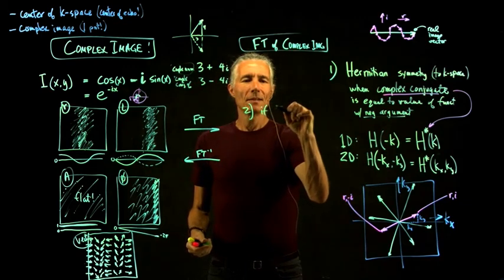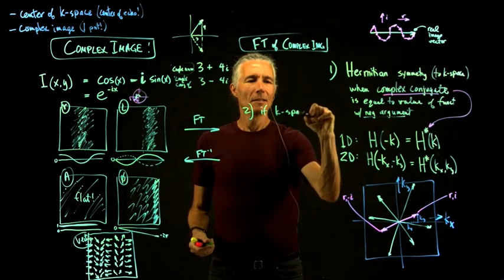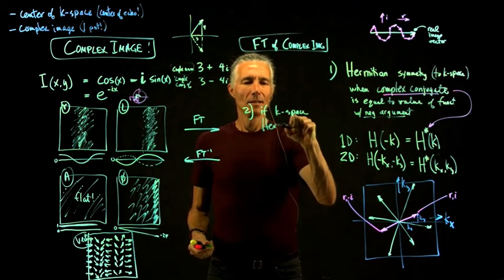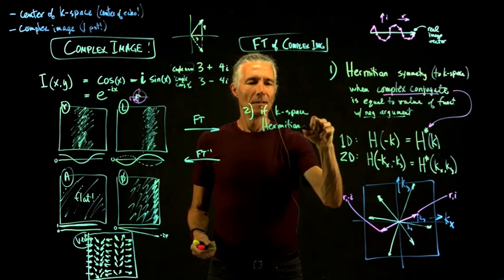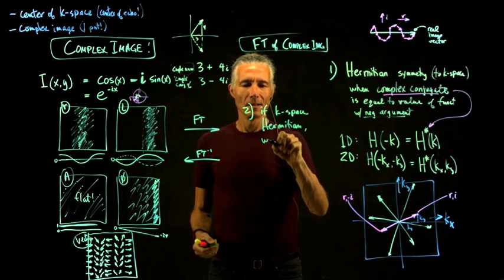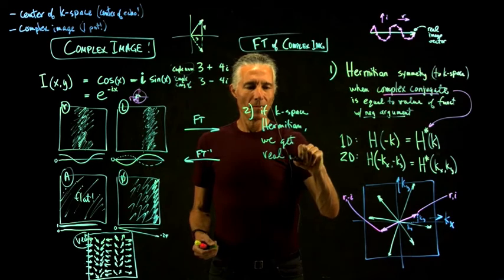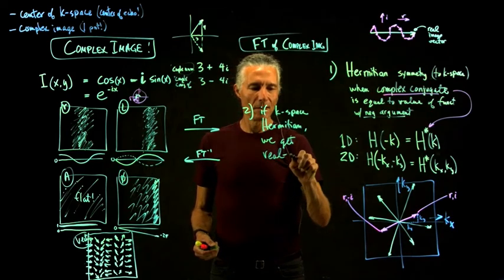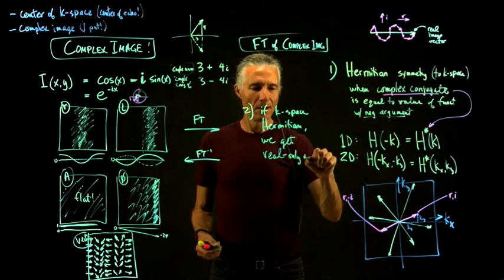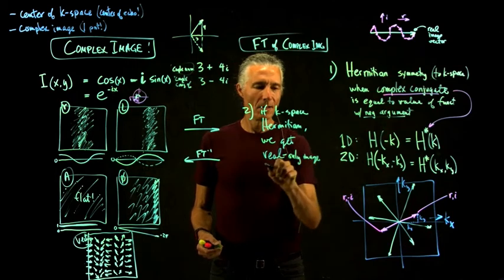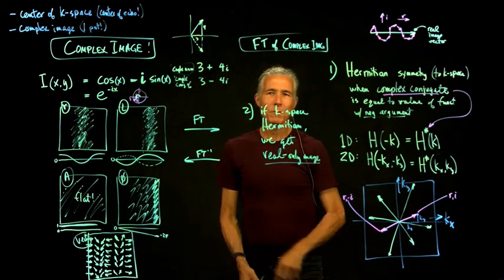So if k-space is like that, we get a real only image. And so that's what we want.